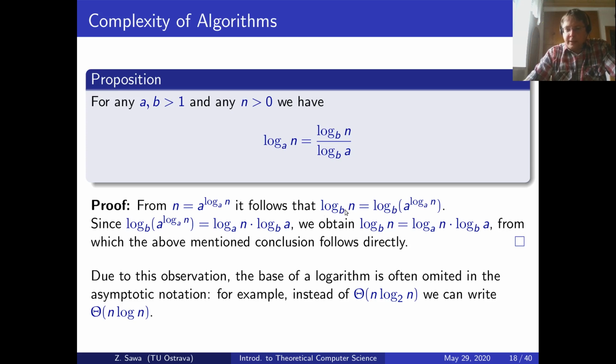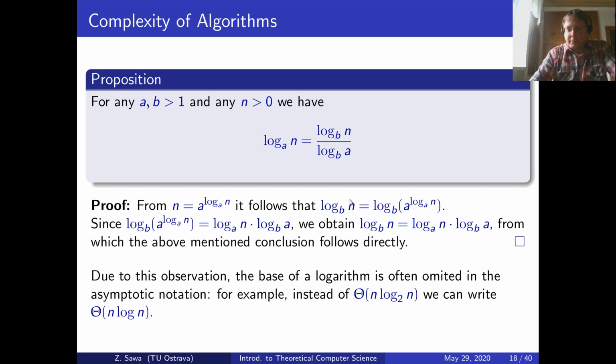So I would have this, and it's well known that the logarithm of some x to the y is equal to y times the logarithm of x. So using this transformation, I can take this exponent in front of the logarithm, and this could be rewritten like this.